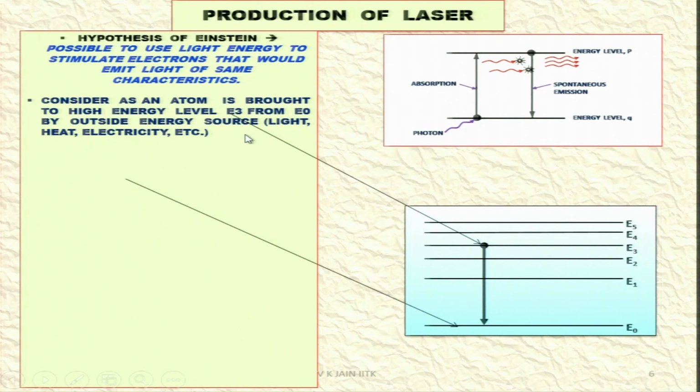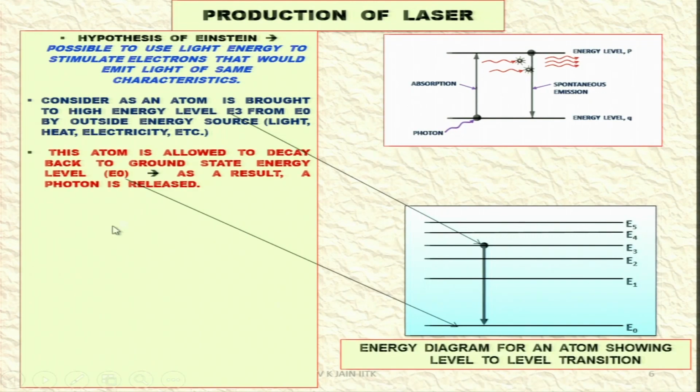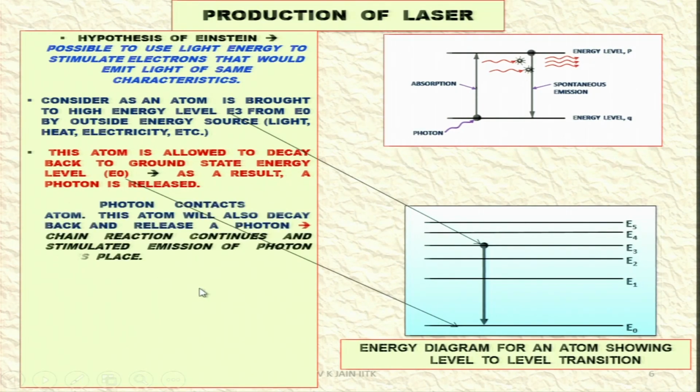That outside energy source could be light, heat, electricity, etc. This atom is allowed to decay back to the ground state energy level, that is E0, as shown here. As a result, a photon is released.